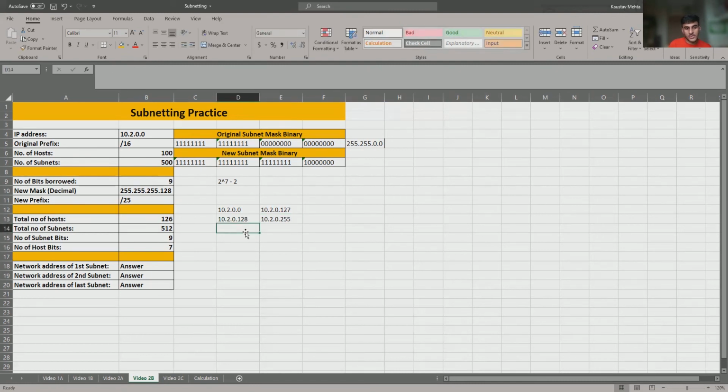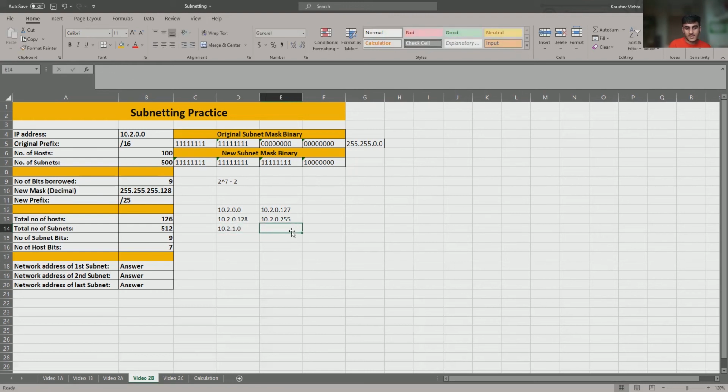Now we move on to the third octet because we satisfied this octet already. So 10.2.1.0, my bad, this will be 0.